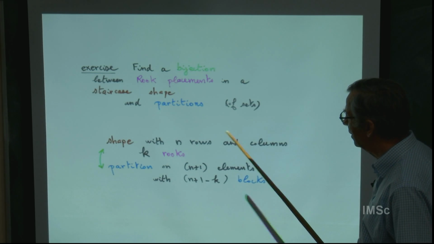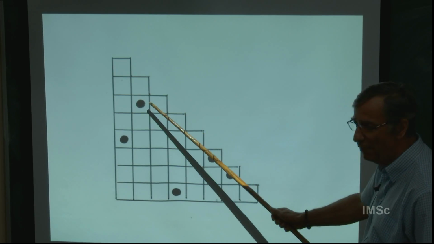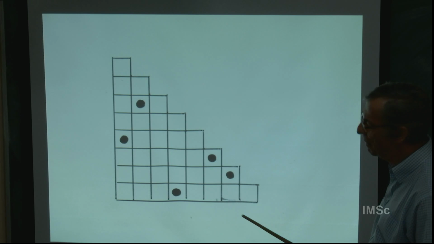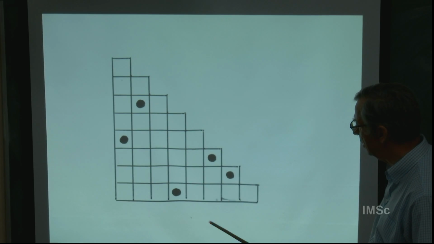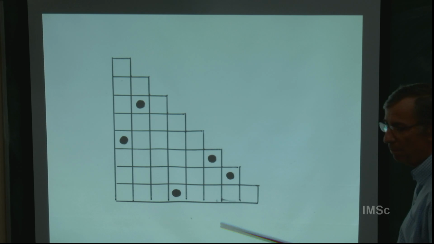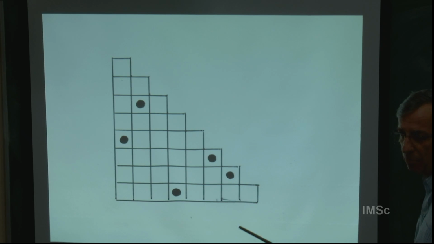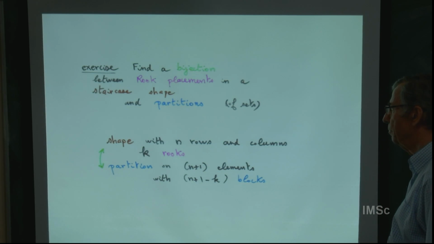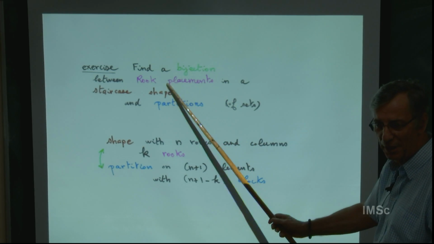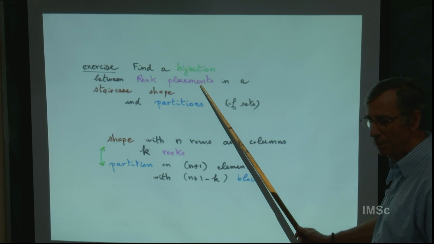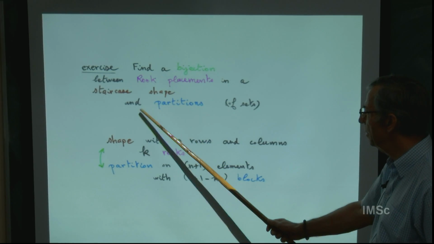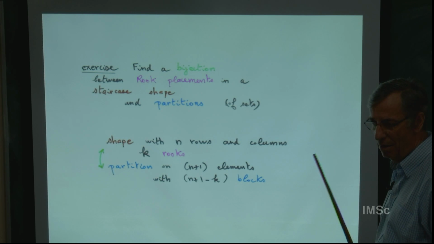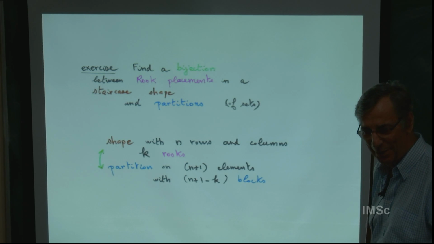Now it's very well known that rook placements in a Ferrers diagram which is a staircase, with maybe some rows and columns that are empty, are in bijection with set partitions. There is a bijection between partitions and rook placements.